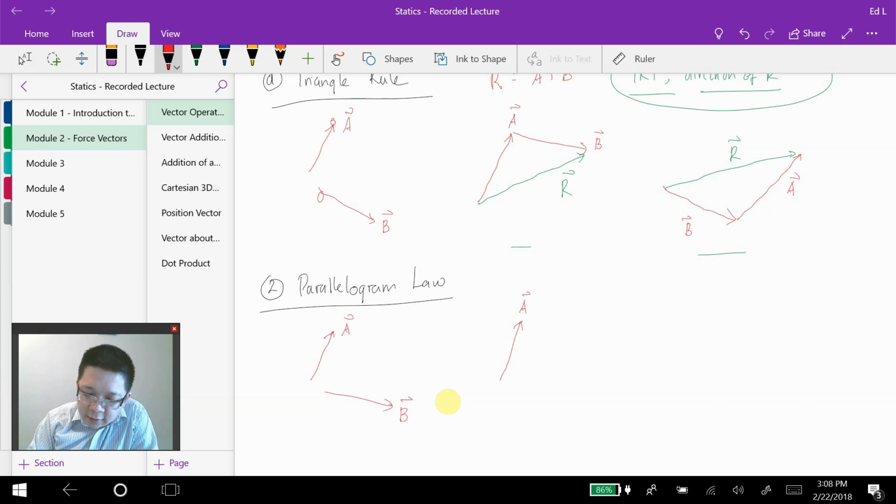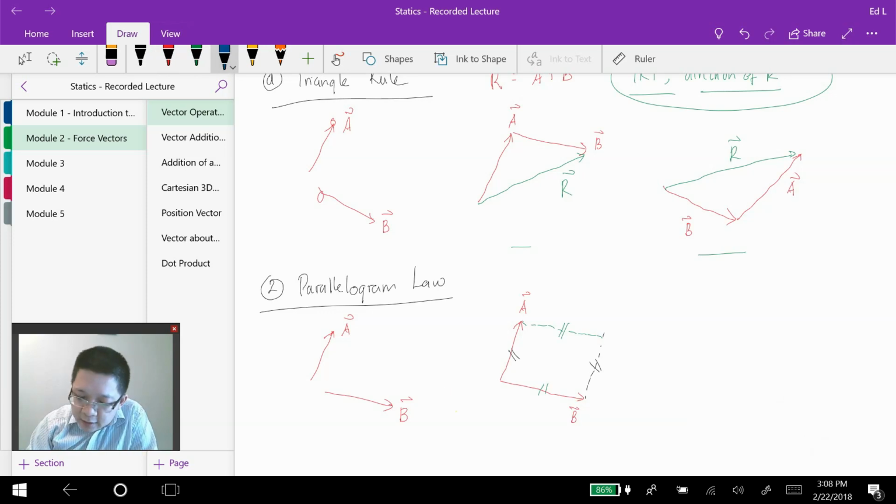This is factor A and this is factor B. Then you draw a line that is parallel to factor B and another line that is parallel to factor A. That's why it's called the parallelogram law.